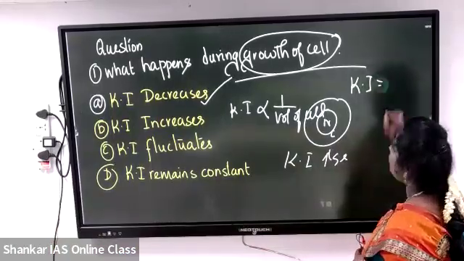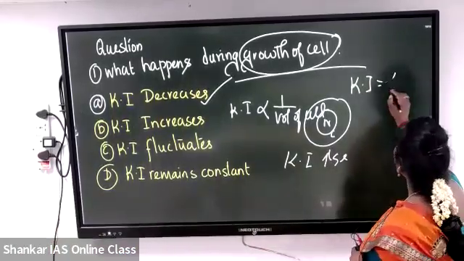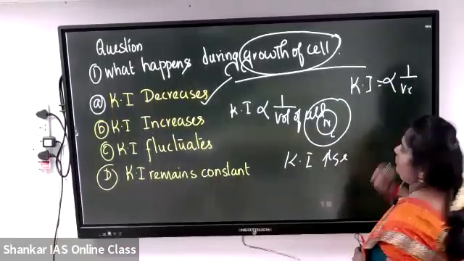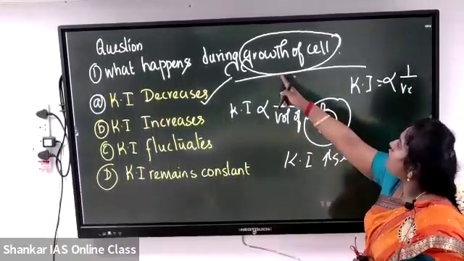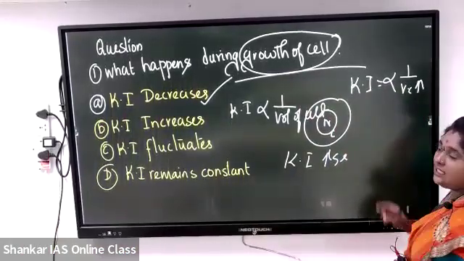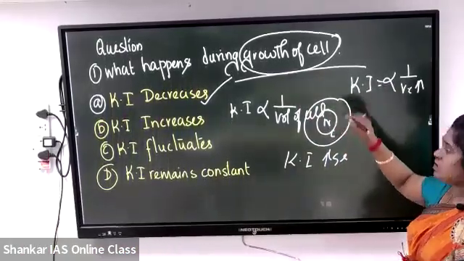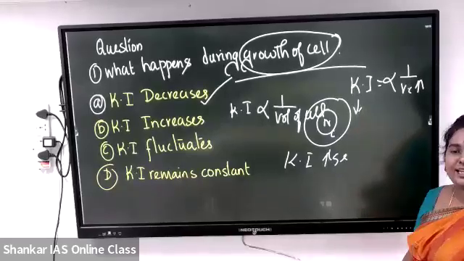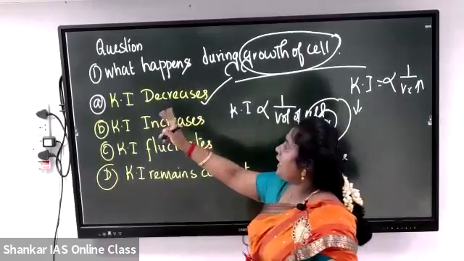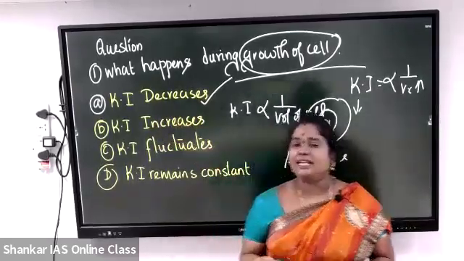The karyoplasmic index ratio is inversely proportional to the volume of the cell. That means when growth takes place, the volume of the cell will increase. So it is inversely proportional, so the karyoplasmic index will decrease. Based upon this relation, we give the answer: the karyoplasmic index ratio decreases.